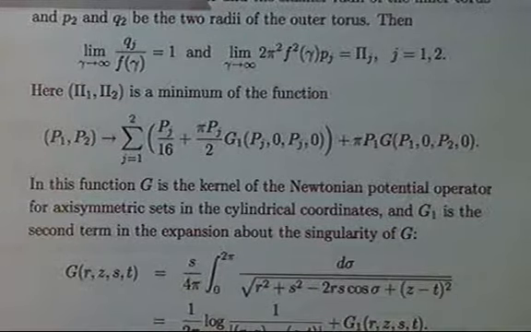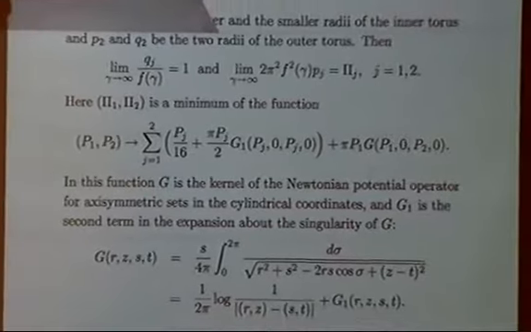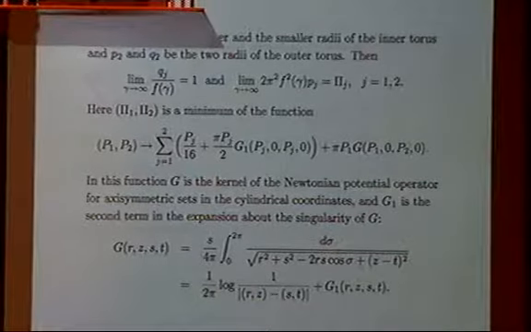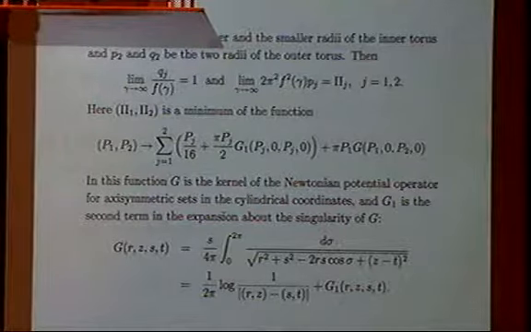The cross-sections, Q1 and Q2, both are close to f of gamma, the same f of gamma. But the p's are, of course, different. They are of order 1 over f squared, but one is bigger than the other. So asymptotically, we know that p is equal to 1 over f squared times 2 pi squared times a number pi 1 or pi 2, depending on which torus you're looking at.